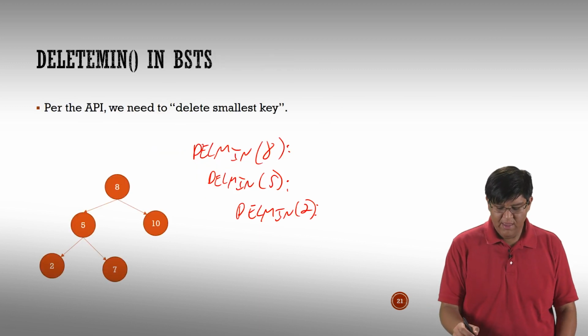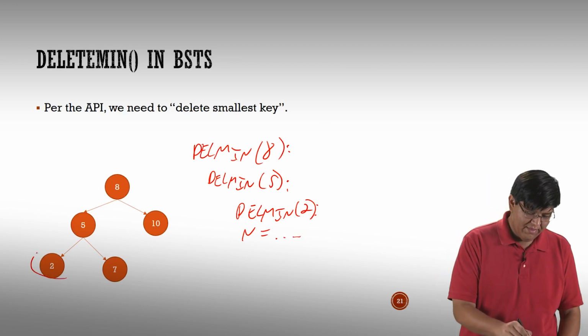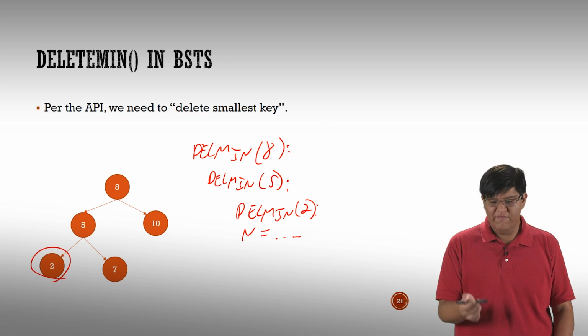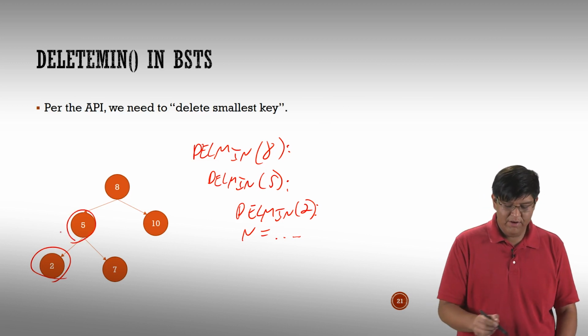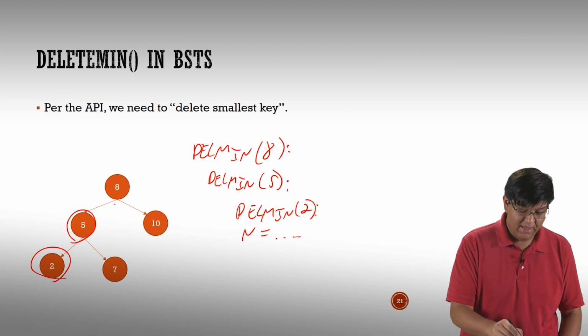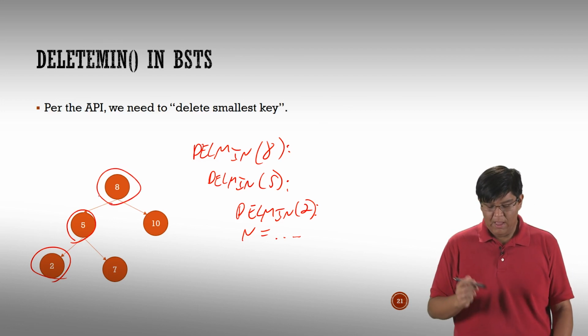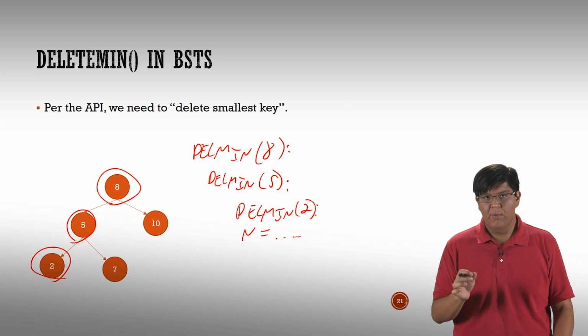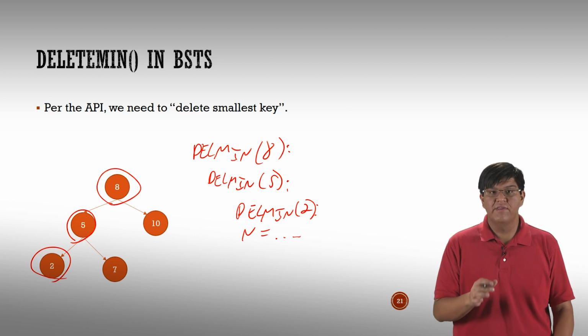This last line does the n update. That'll update this one. It won't really update it because it's gone, but then it'll roll back up to 5. That DeleteMin to 5 will update the n on that one. Then it'll roll back up to 8, and it'll update the n on that one. As that recursion unwinds, it updates the n variable on each of the nodes it visited to get to that minimum.